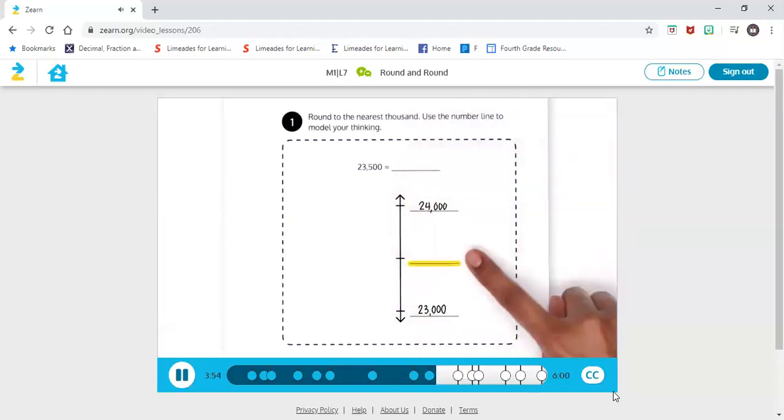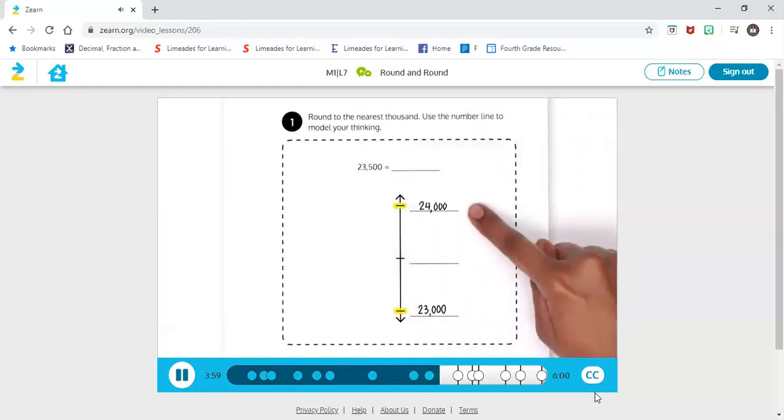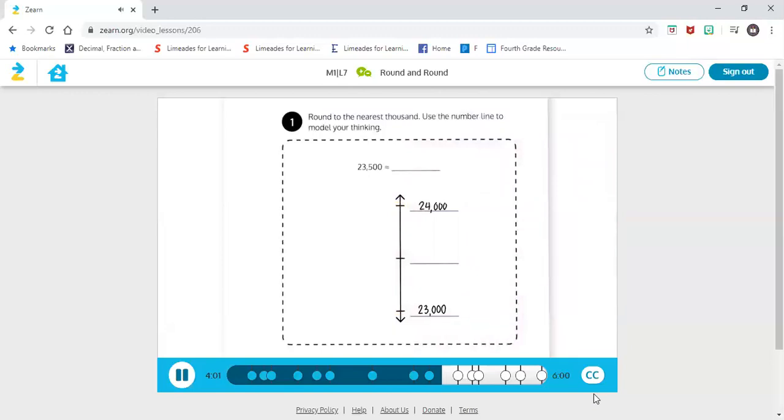Now let's label the midpoint. What's halfway between 23,000 and 24,000? 23,000 is the same as 230 hundreds, and 24,000 is the same as 240 hundreds. So a good trick is to think, what's halfway between 230 hundreds and 240 hundreds?